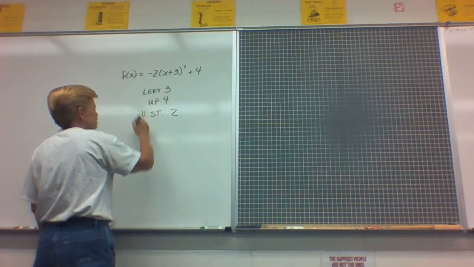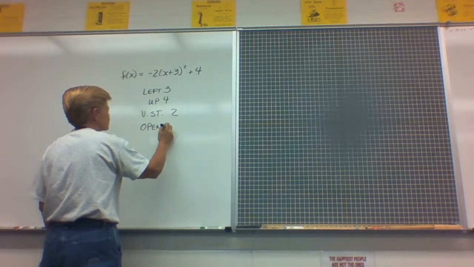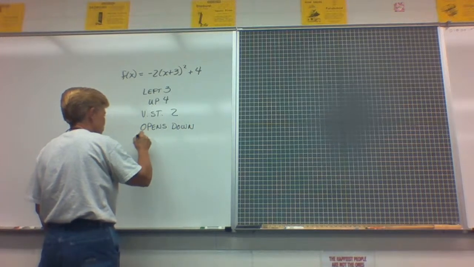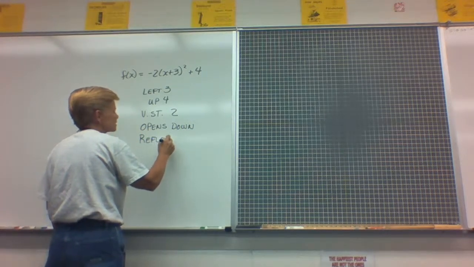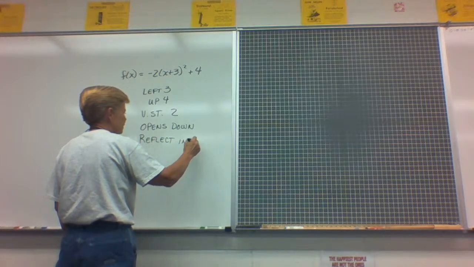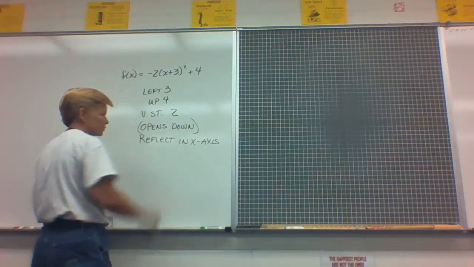And a negative sign right there is also going to make it open down. Actually, what we're supposed to write is a reflection in the x. If we're going to list transformations appropriately, we're going to say reflect in x-axis. That's how we write it. This is what's going to happen. It's going to open down.